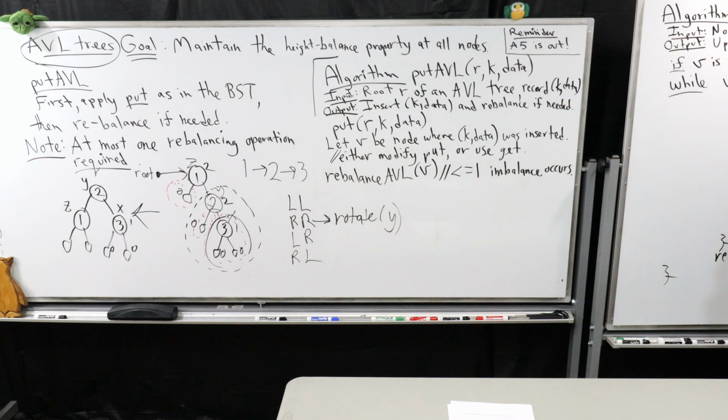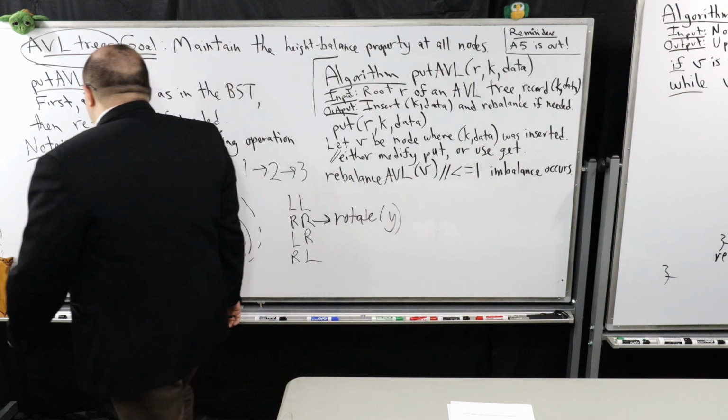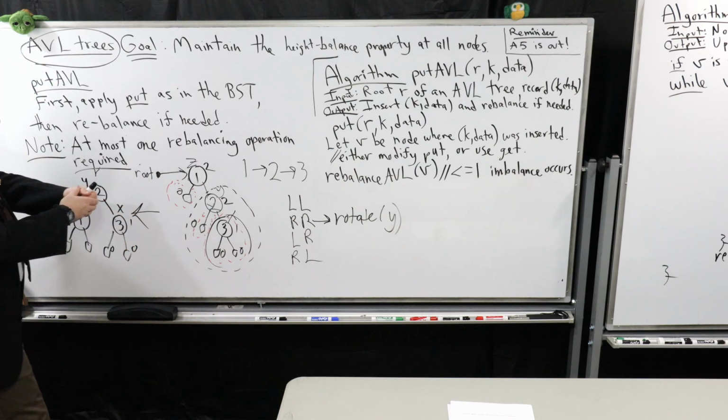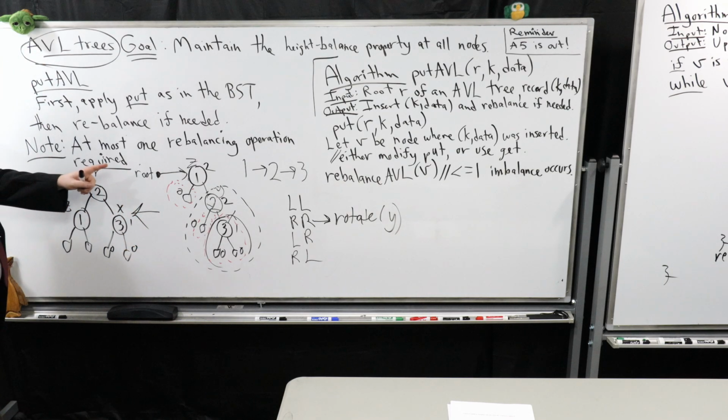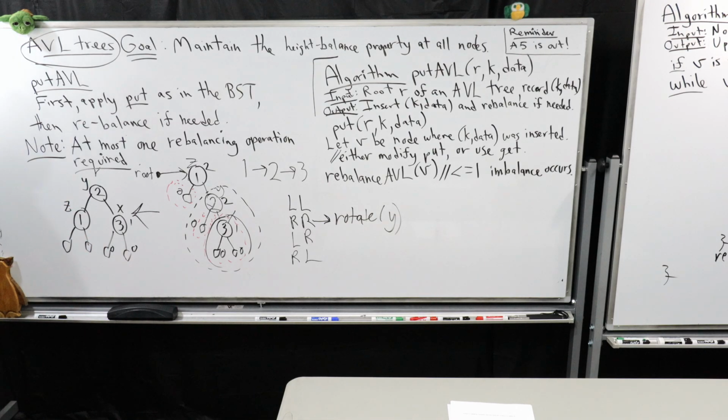So if we think about this carefully, all that's happening is I'm just doing the rotate operation, the same one we talked about the other day. So I'm just pulling this up. I am just taking these subtrees and I'm just placing them right here. Just as I talked about the other day when I described the rotate operation.